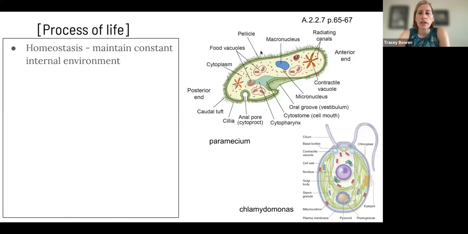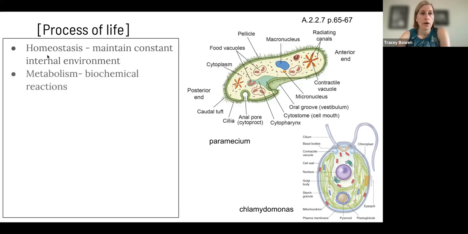So for the processes of life, we can remember this by Mr. H. Grin and the acronym for it. We have two organisms here. These are both single-celled eukaryotic organisms, but even at a single-celled level, the paramecium and the chlamydomonas are both going to do these different things.